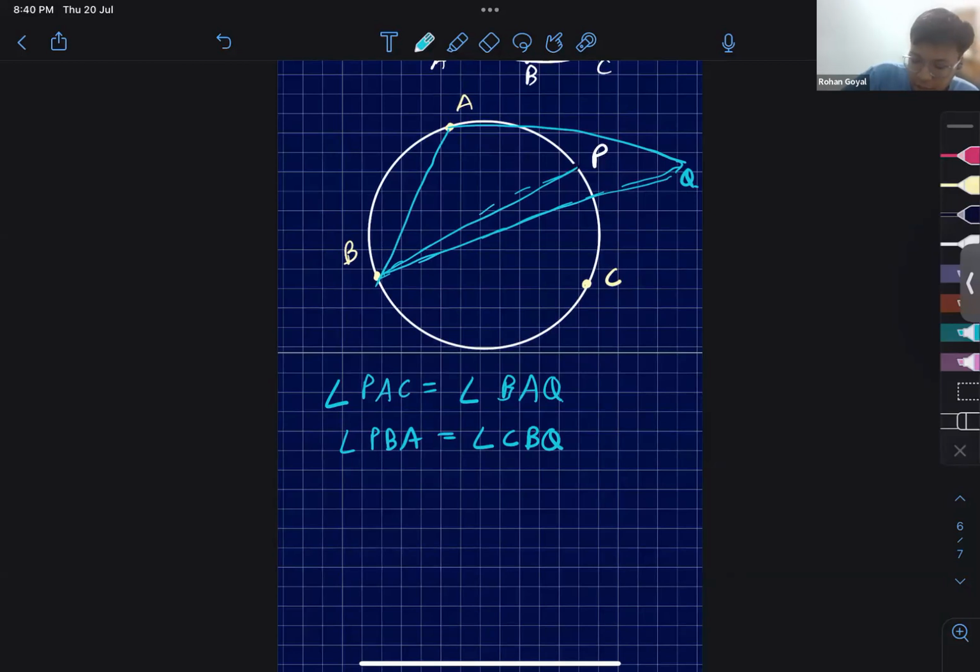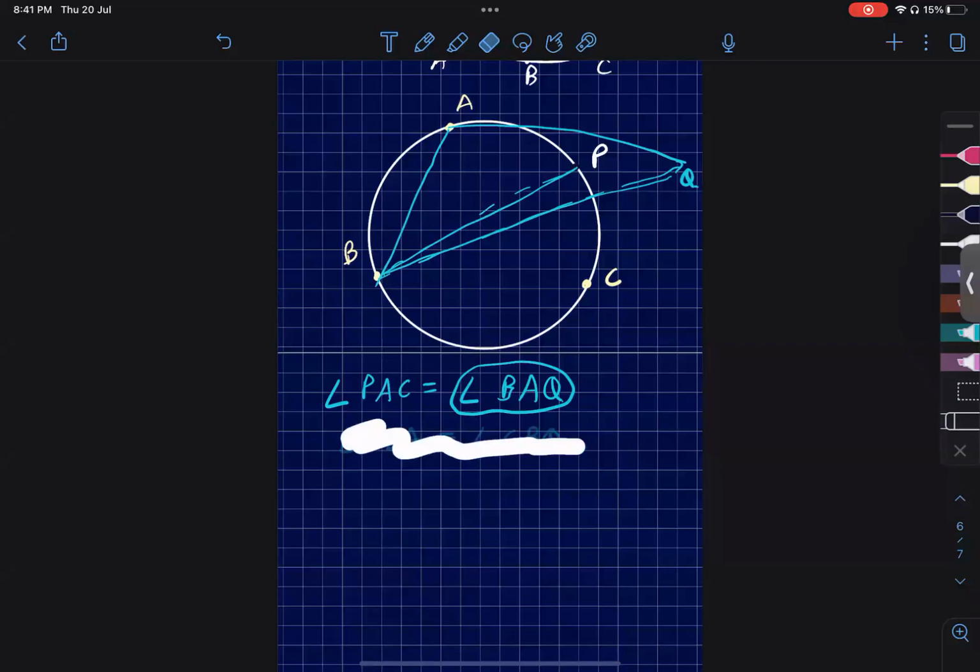So now, as people are claiming, we want to show that Q is a point at infinity. What does that need? Then we want angle BAQ, this angle, plus angle QBA to be 180 degrees.